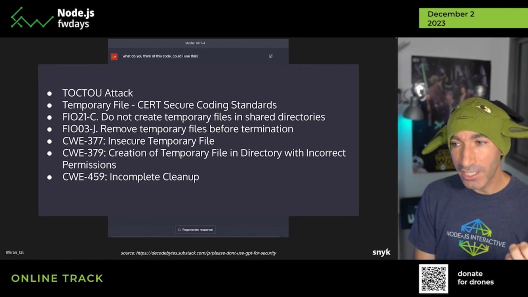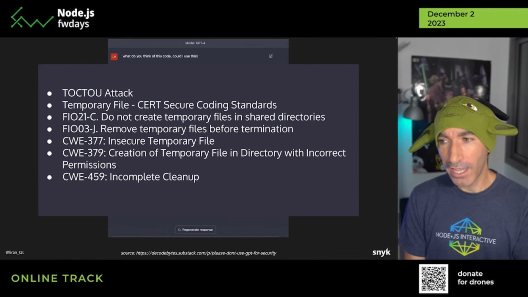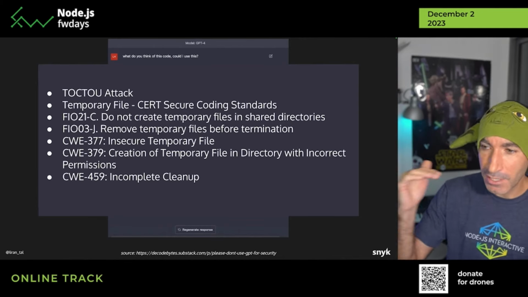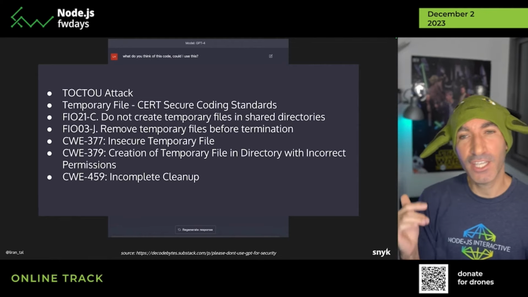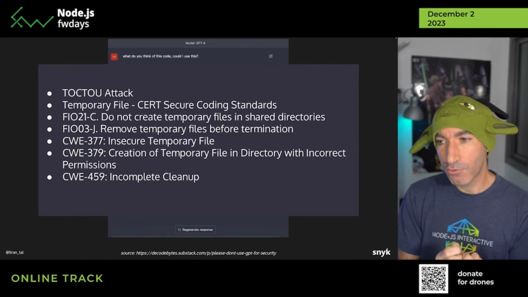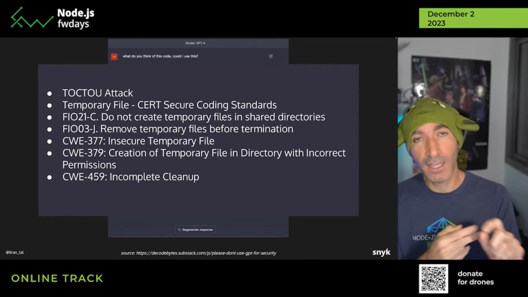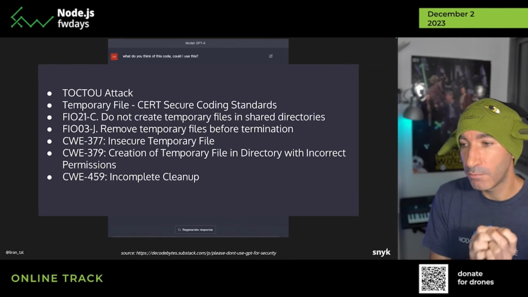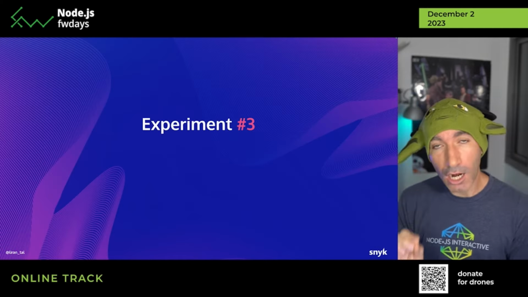So what we have here is a vulnerability often known as time of check, time of use. I've mentioned here a bunch of CVE classifications, those kinds of enumerations of the type of vulnerability it actually is. So that's insecure temporary file, creation of a temporary file in a directory with incorrect permissions, and different kinds of issues that code has that are potentially a problem.